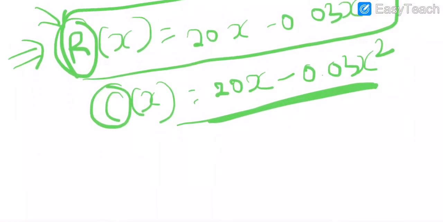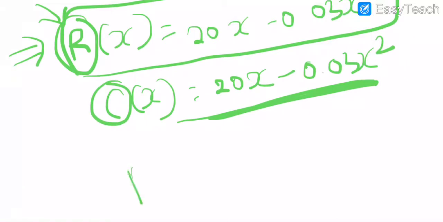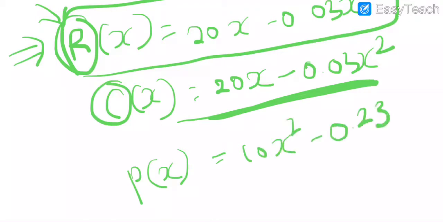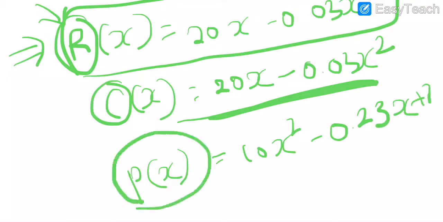Okay, so sometimes we may also have the profit function. For example, P, profit function, that's 10x power of 2 minus 0.23x plus 3, let's say, for example. So this is what we call the profit function.